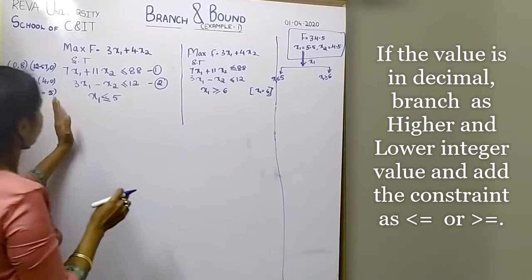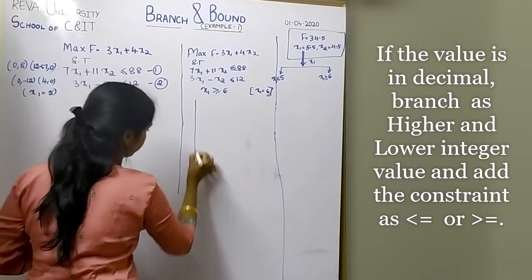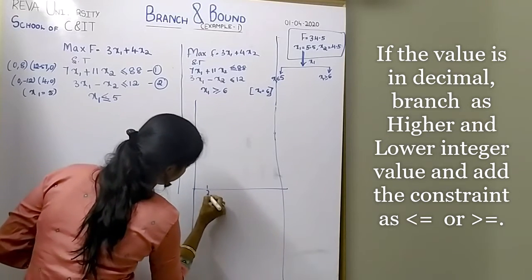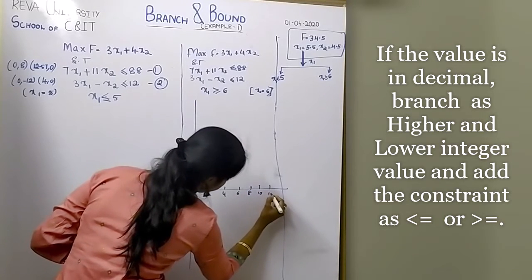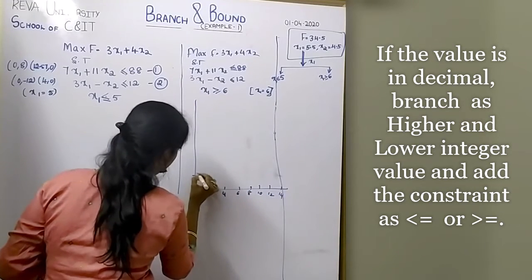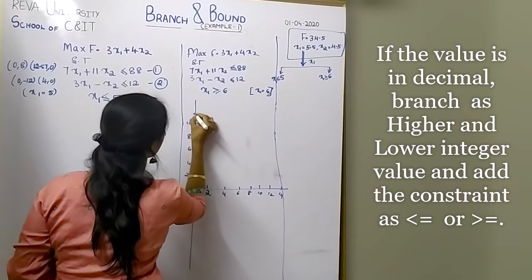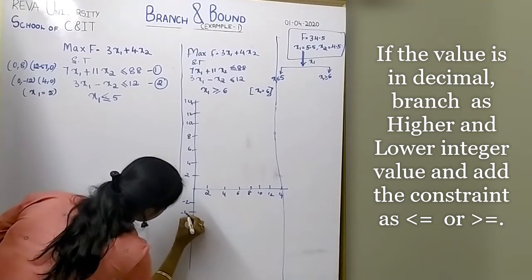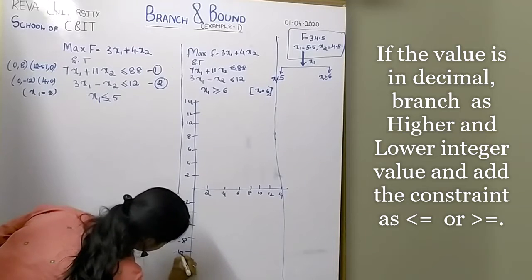Now again you draw this using the graphical method. Here 2, 4, 6, 8, 10, 12, 14. 2, 4, 6, 8, 10, 12, 14. Minus 2, minus 4, minus 6, minus 8, minus 10, minus 12. Approximately.